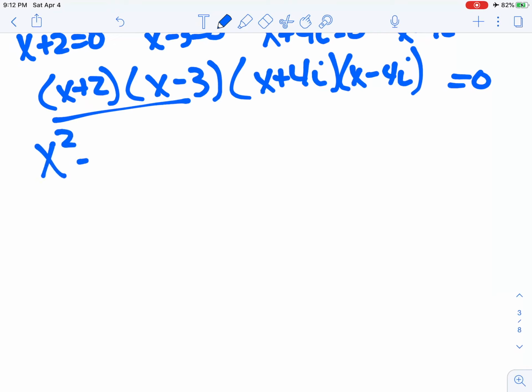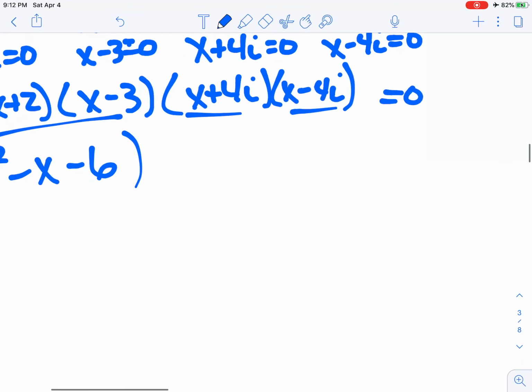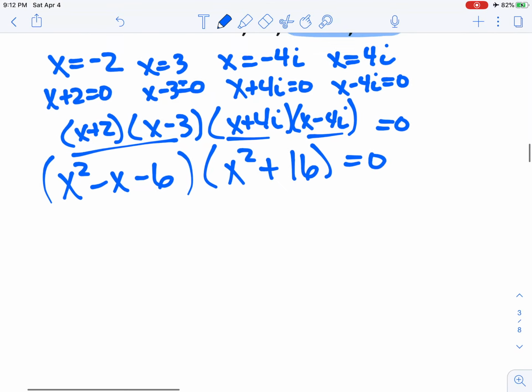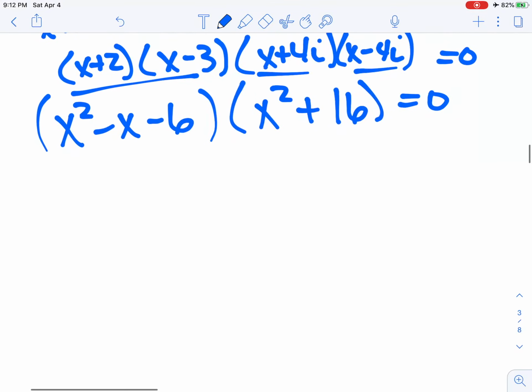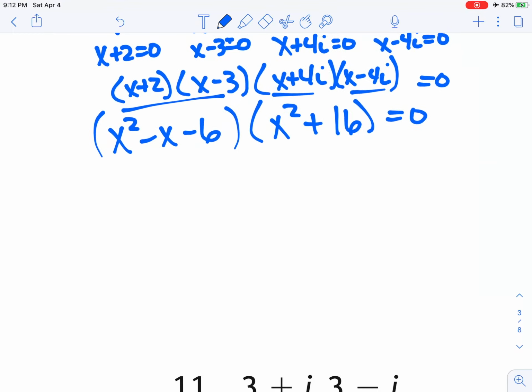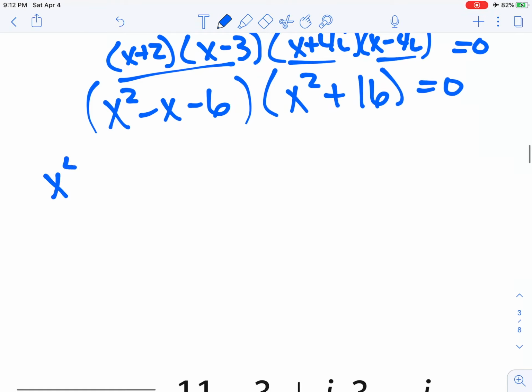So if I was to multiply these two, I would get x squared minus x minus 6. We've just done this over and over again. We square the first one, we get a plus sign, and we get 16. Then I multiply that out. So x squared times x squared, x to the 4th. x squared times 16, 16x squared.